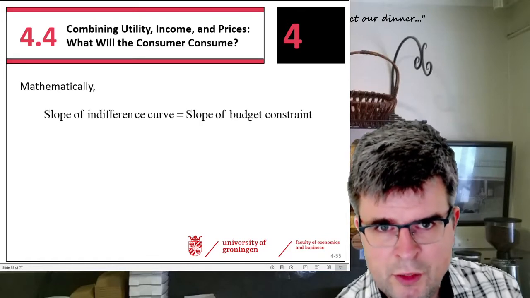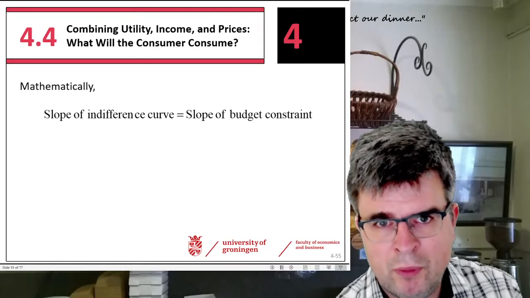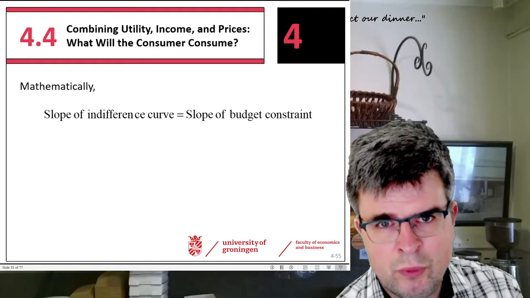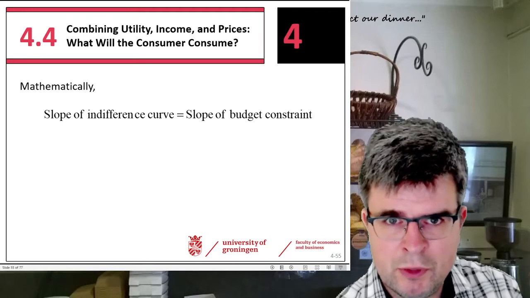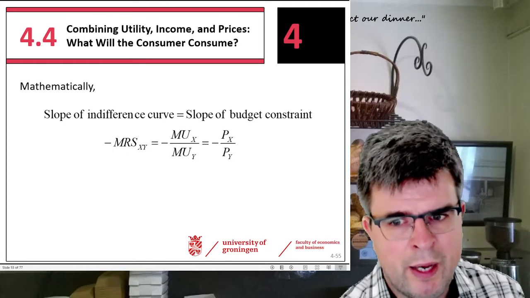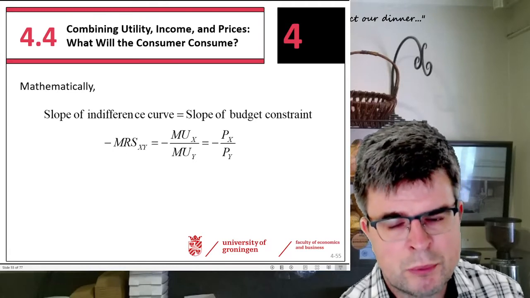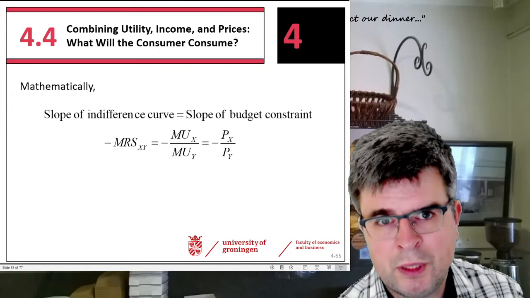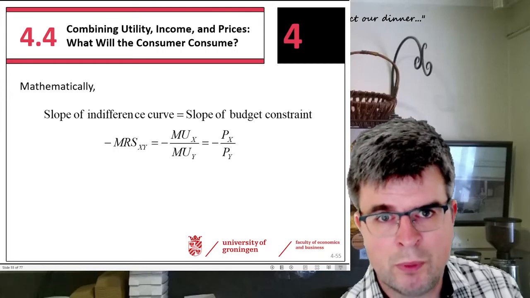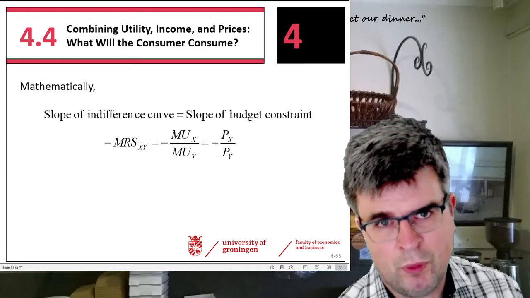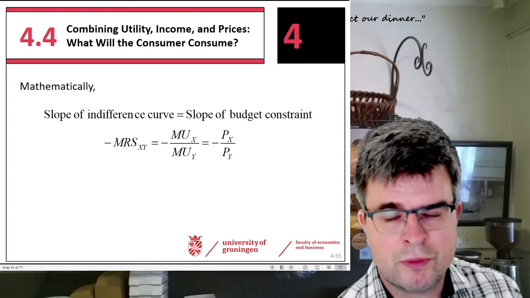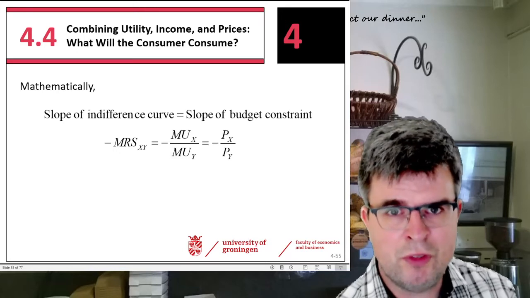So we've seen that at the optimal point, the optimal bundle A, the slope of the indifference curve is identical to the slope of this green line, the budget constraint. So at the optimal point, we have that the marginal rate of substitution is identical to the price ratio, because the marginal rate of substitution is the slope of the indifference curve, or the negative of it, and the slope of the budget constraint is given by the price ratio of the two goods.